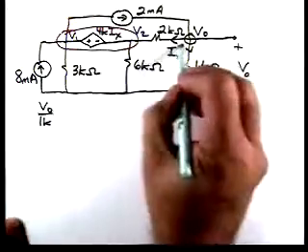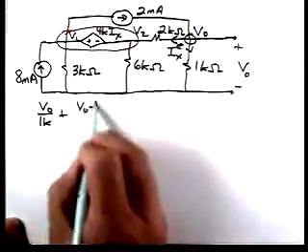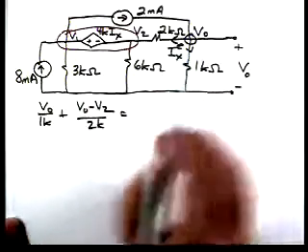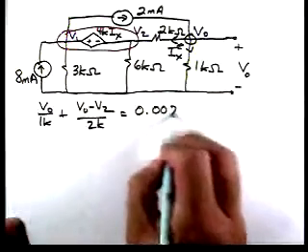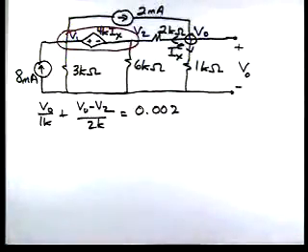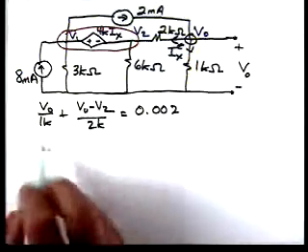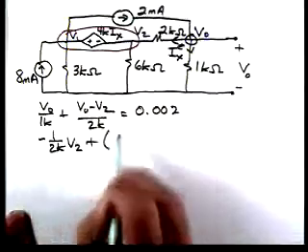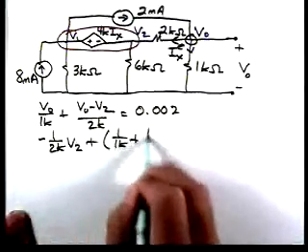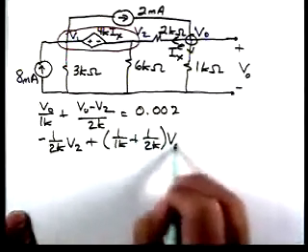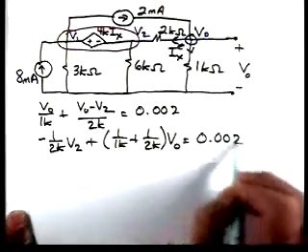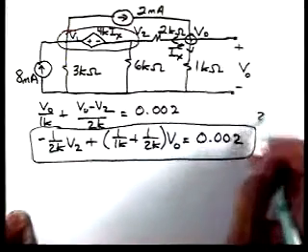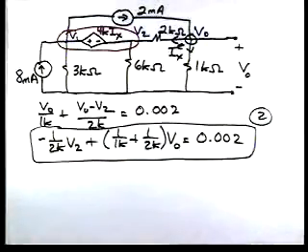Then we'll have a current leaving this direction. It'll be V0 minus V2 over 2K. And that's equal to a current of 2 milliamps entering. So now if we collect terms, we'll have minus 1 over 2K times V2 plus 1 over 1K plus 1 over 2K times V0 equal to 0.002. Okay, so there's our second equation.